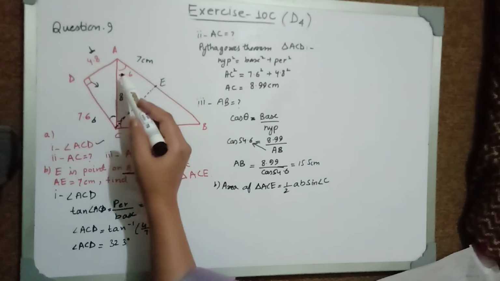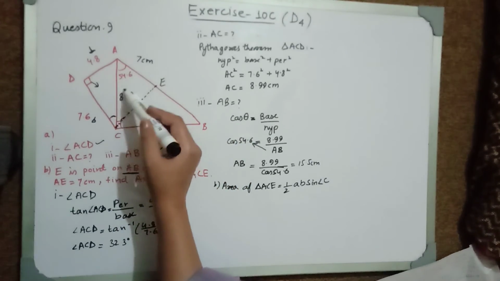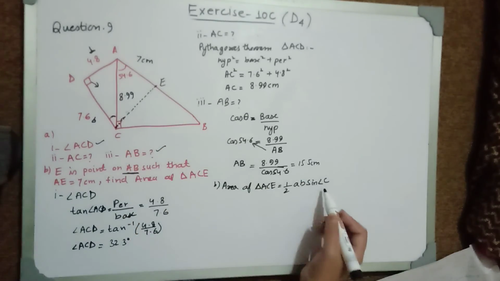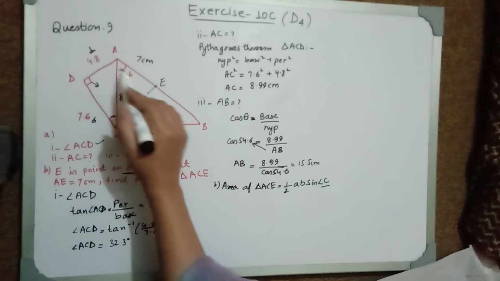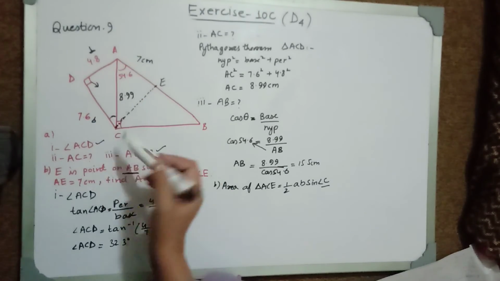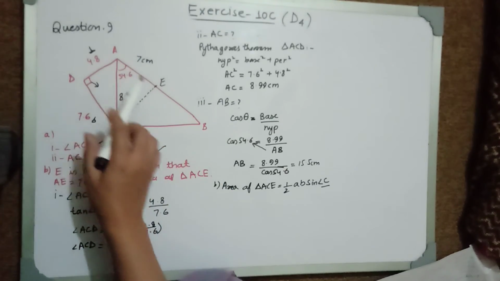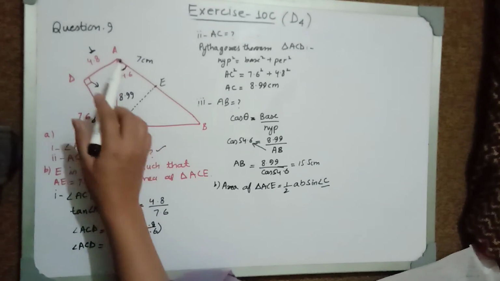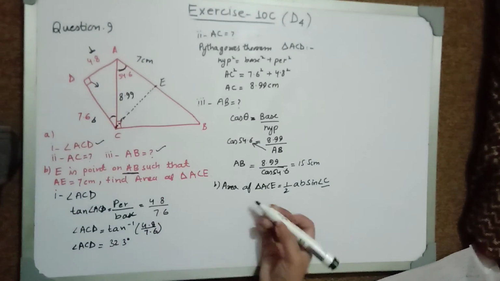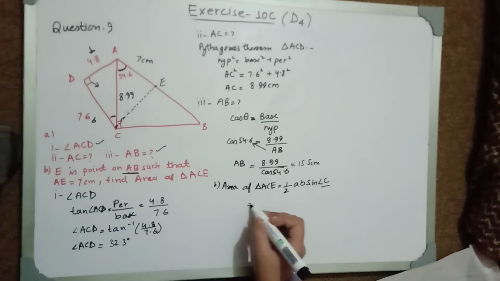We know the value of two sides, and the angle that we use here is always the angle that is formed between those two sides. Like here we are using AC and AE, and we know the value of the angle that is formed in between these two sides. So I'm going to find the area by using this formula.